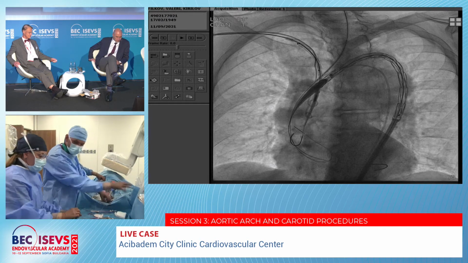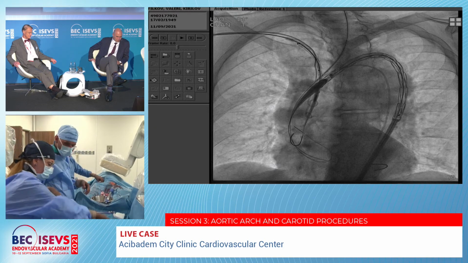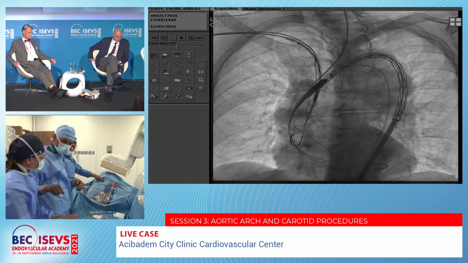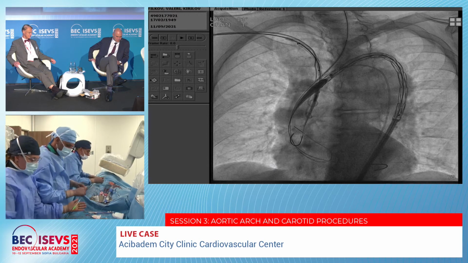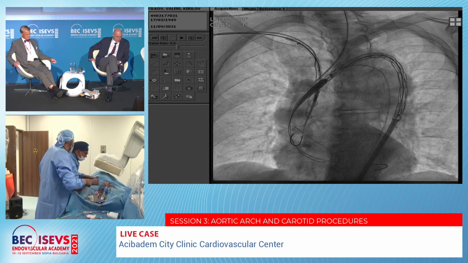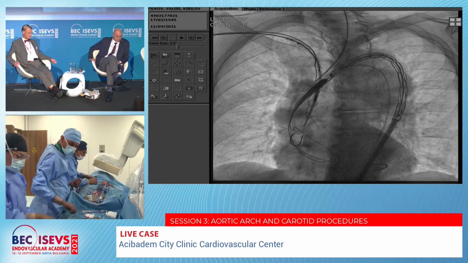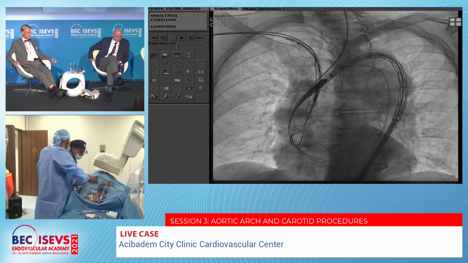Okay, let's go. We are going to put just a femoral 5 French sheath in order to temporarily pace during the implantation.